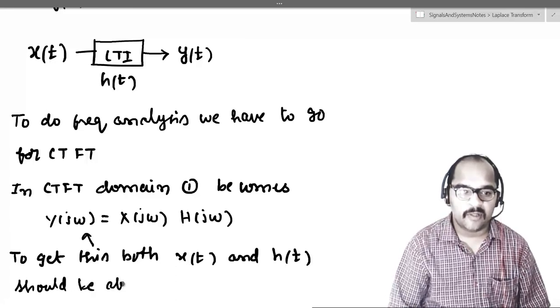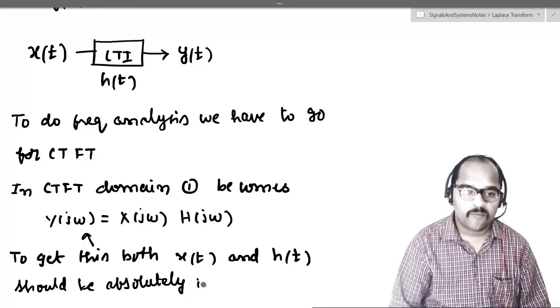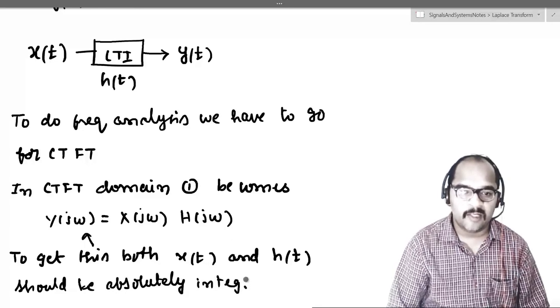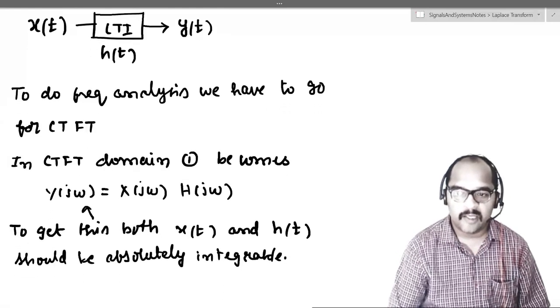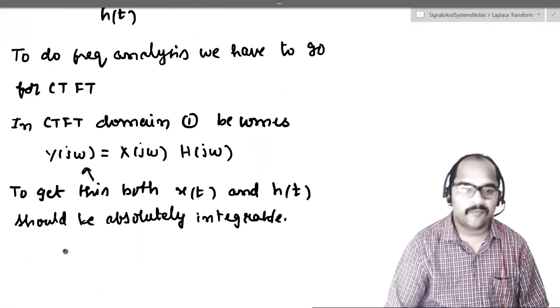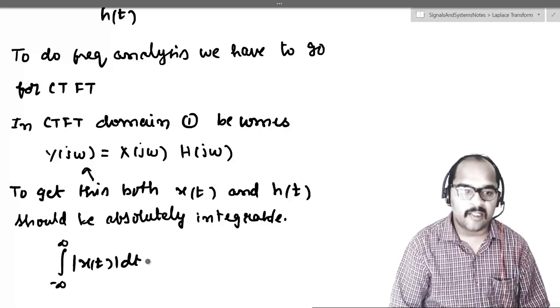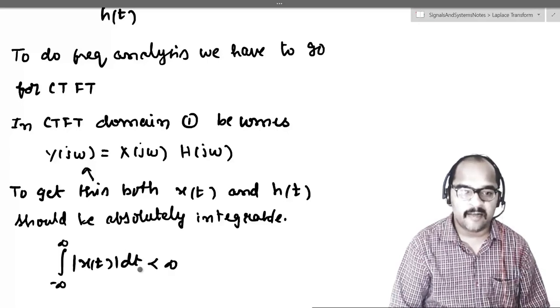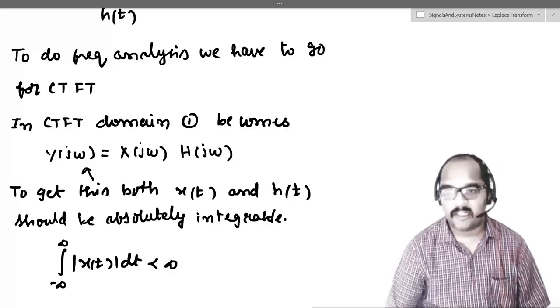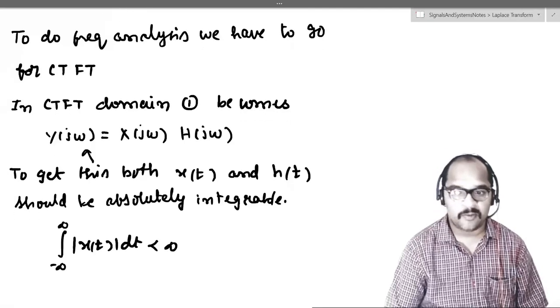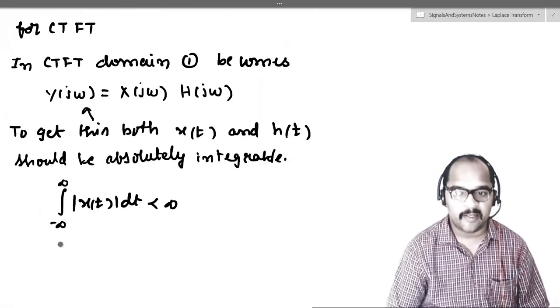This implies the integral from minus infinity to infinity of modulus x of t dt is less than infinity. That is the first Dirichlet condition; we assume the other two conditions are satisfied by default.